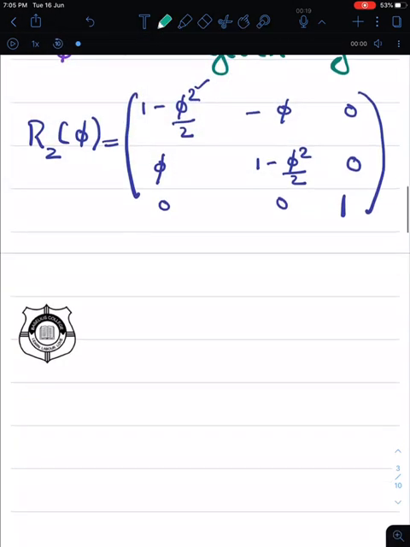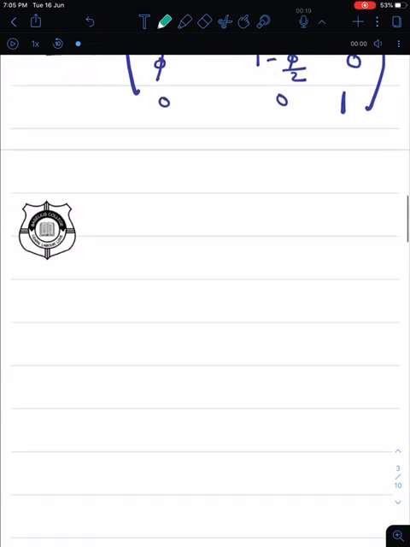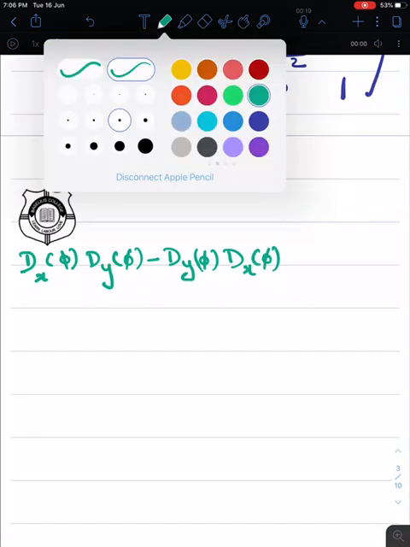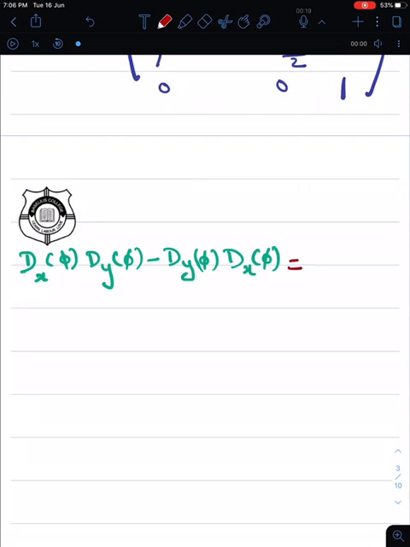That is, we have Dx(phi) Dy(phi) minus Dy(phi) Dx(phi) is not equal to 0, but it is equal to Dz(phi square) minus 1.